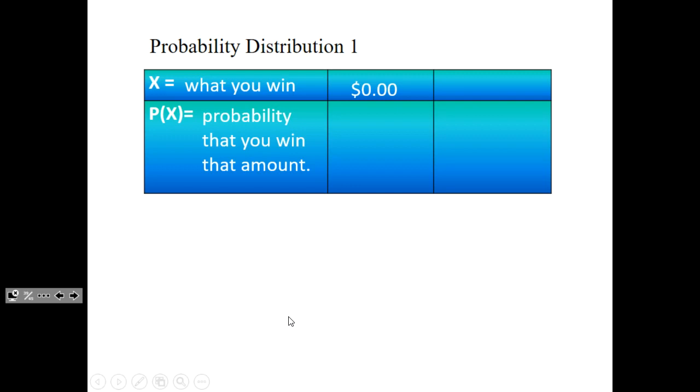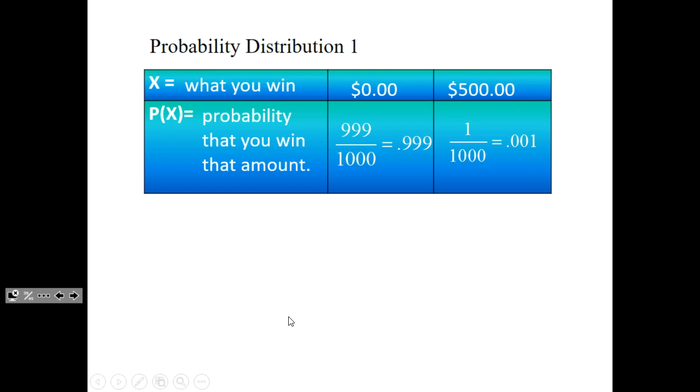First time, you might win nothing. You don't win the game. So what's the chance that happens? Or you could win $500. So let's think about that. The chance you don't win anything, well, there's only one way to win, so the chance you don't win is 999 out of 1,000. The chance you do, it's 1 ticket, 1 out of 1,000.